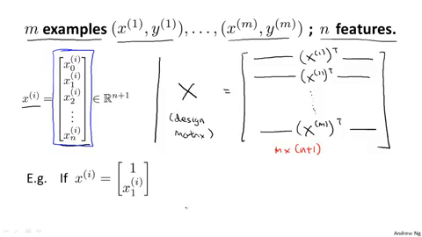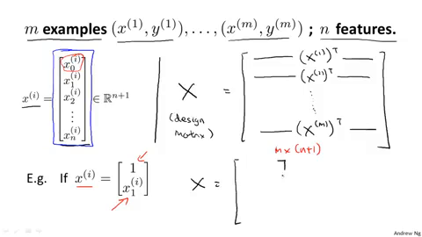As a concrete example, let's say I have only one feature other than x0, which is always equal to 1. So if my feature vectors xi are equal to this 1, which is x0, and then some real feature like maybe the size of the house, then my design matrix X would be equal to this.